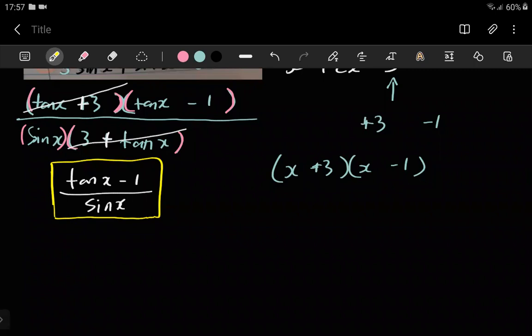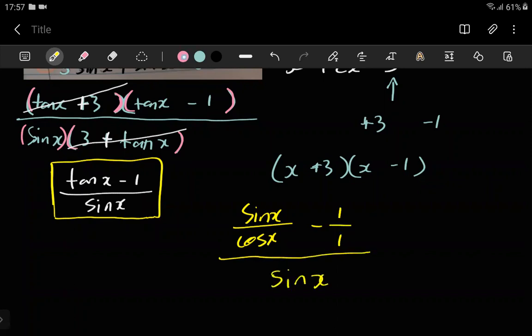It's something that most people like to do, but it's not usually a good idea. You're better off leaving the 1 the way it is. But for the 10, we could maybe change that to sine x over cos x. And then because we have a fraction here, we might as well change this to a fraction as well. Let's put it as 1 over 1.